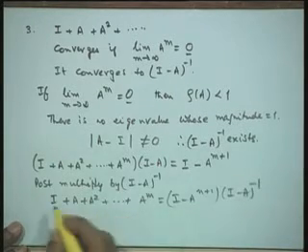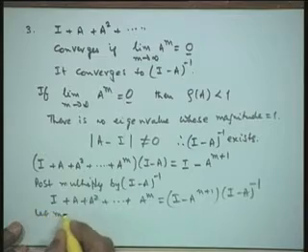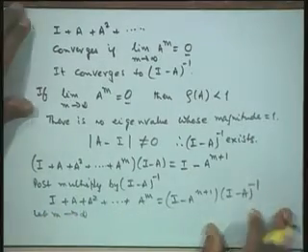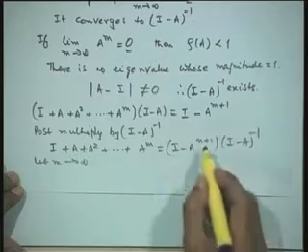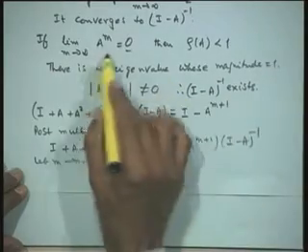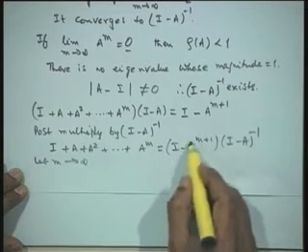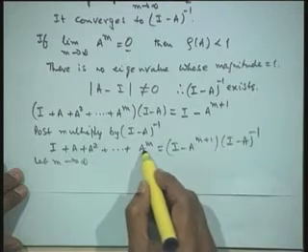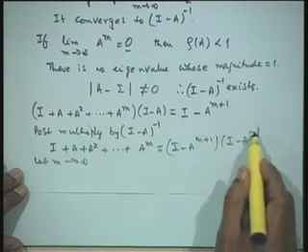Now let m tend to infinity. If m tends to infinity, A to the power of m plus 1 tends to 0, therefore this term tends to 0, the left side goes to the infinite series, and the right hand side is (I minus A) inverse.